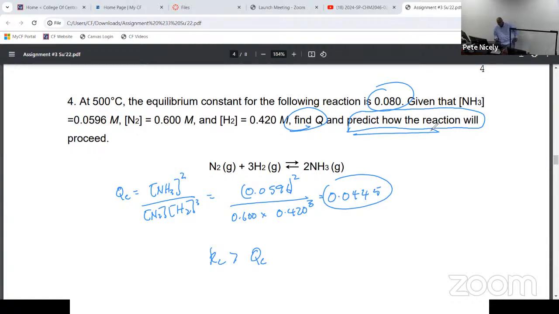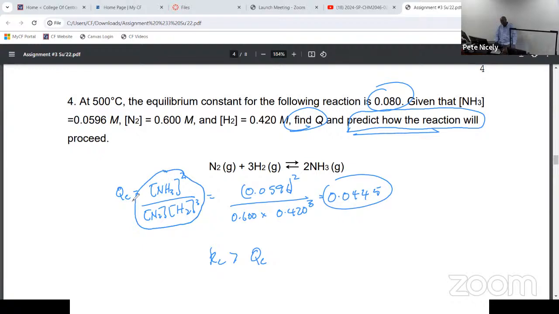In other words, what would happen to the concentration of the reactants and the products such that QC will now be equal to KC? Think about this equation here.